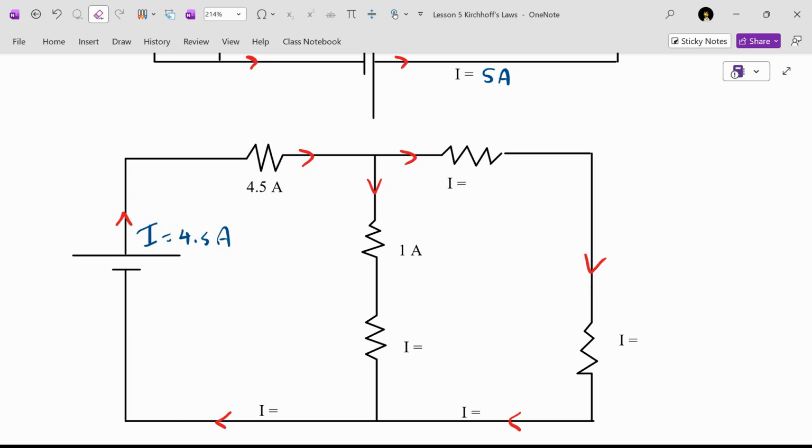I'm going to start to give you less and less hints as we go on. So how many amps right here? How many amps here? How do you know? 1 amp went down this way. So let's continue skiing the outer run. 3.5. How many amps going through this resistor? Has to be.